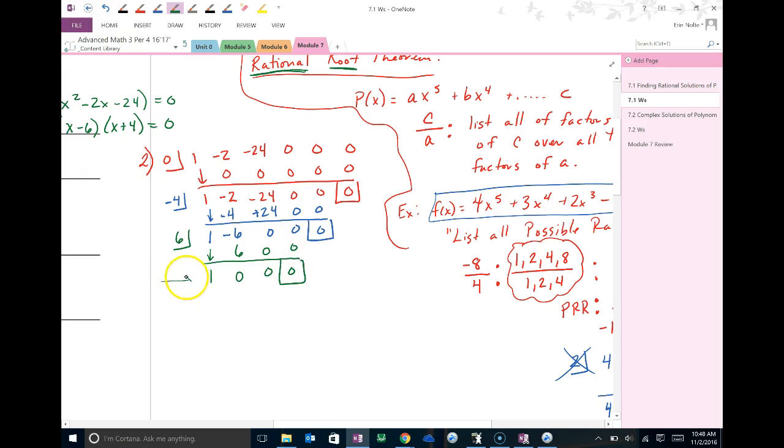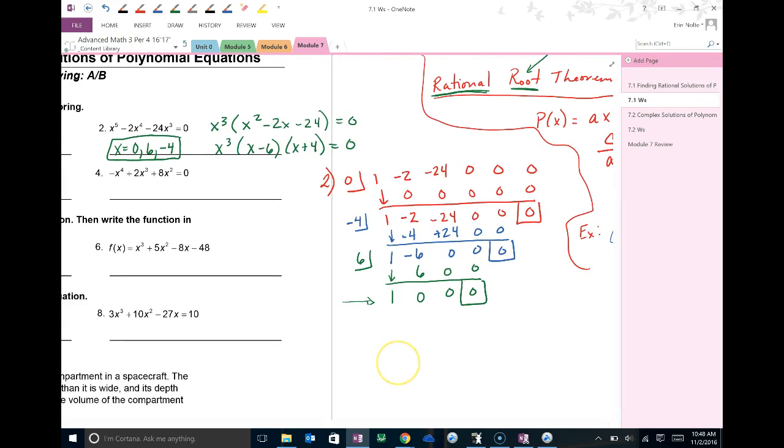So what is the polynomial that is left right here? Okay, so remember, my first polynomial was to the 5th, so this one's to the 4th, this one's cubed, so this one is squared. So the piece that is left is x squared.